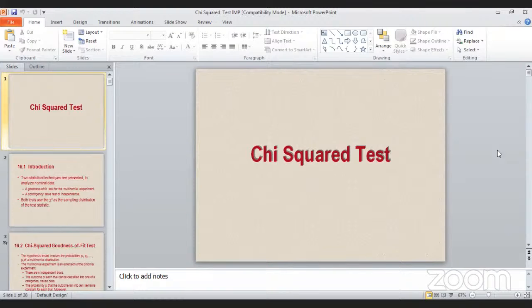That is called the test of independence or test of association. The other one is goodness of fit. The third one is the test of homogeneity, that is, whether the data collected for a variable follow the normal distribution or not. We can also use this chi-square test for that. That is called the test of homogeneity.